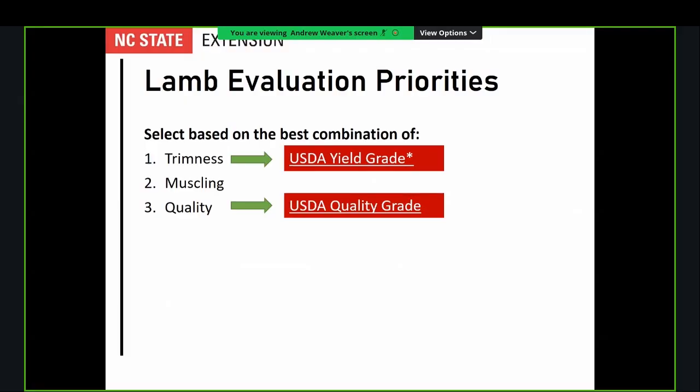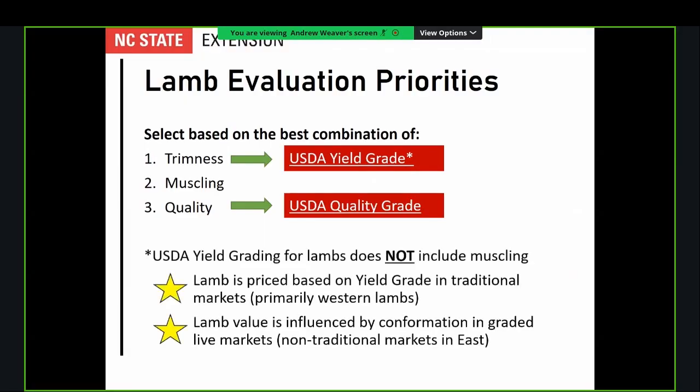One of the interesting differences about lamb relative to beef is that we actually include some of our muscling characteristics, carcass conformation characteristics, into our USDA quality grade, whereas in our other species, muscling is included in the yield grade equation. So it's a little bit different there. The USDA yield grade equation for lamb does not include muscle. While it's a predictor of cutability, it only includes fat metrics.